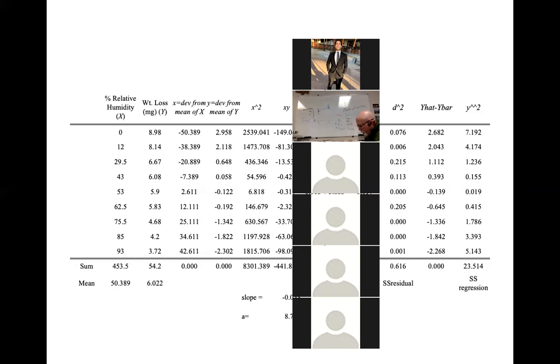Maybe it's not in this book, maybe it's in a different book. It's not in this book. It's in Sokal and Rohlf, which is a book that you do not possess. Let's see.